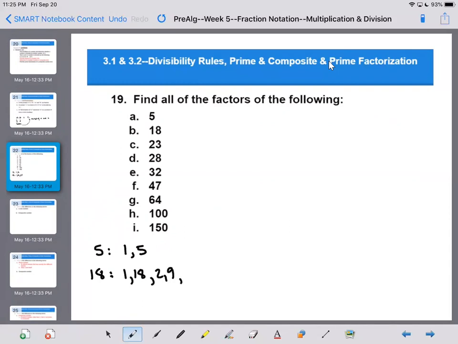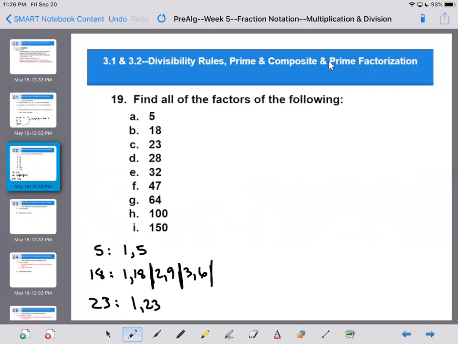That would be 3 and 6. And then we don't have any more. So those would be all the factors. I'll put a semicolon in between those, or I may just separate them with vertical bars. Pairs: 1, 18; 2, 9; 3, 6. 23 would only be 1 and 23.